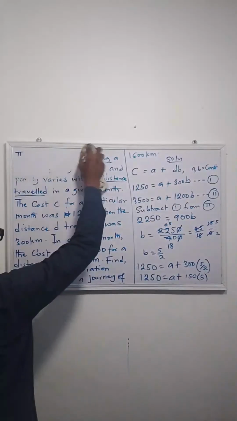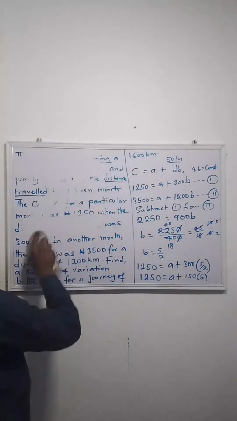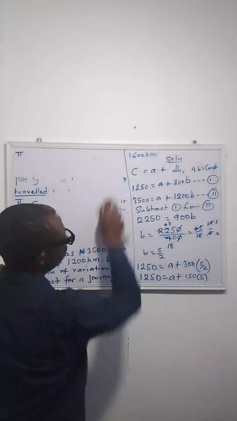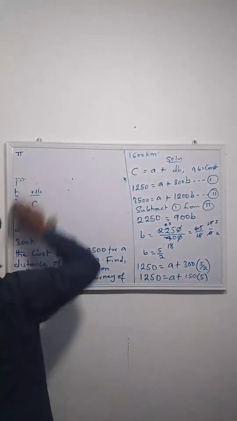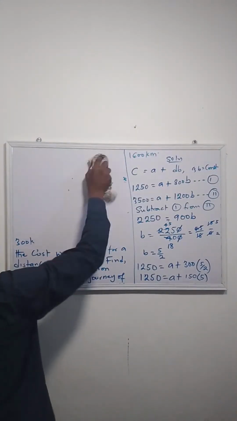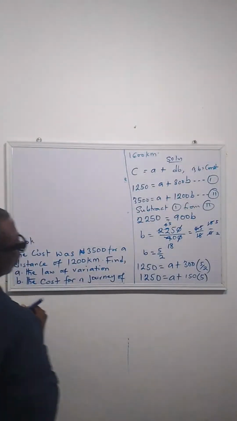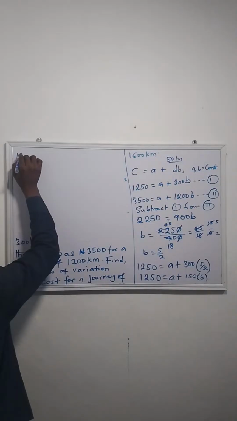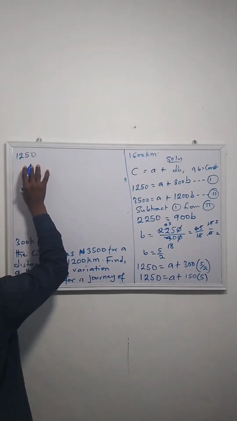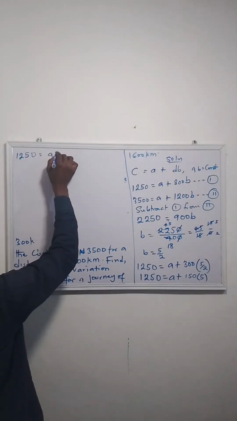Let's clean this side. Okay, so now this gives us what? 1250 equals A plus.